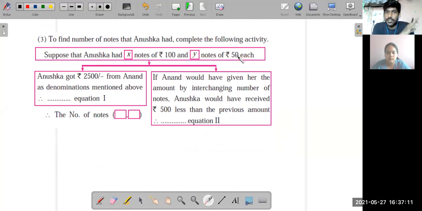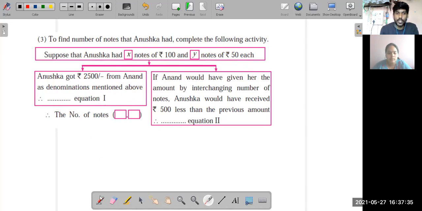So she had x notes of 100, y notes of 50, that is 100x plus 50y. Anushka got 2,500 from Anand as denomination mentioned above. So that means total money with her is 2,500.